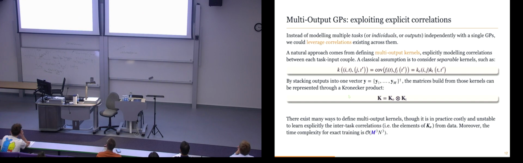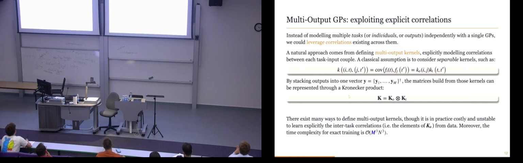There are many, many ways to build multi-output kernels. I'm just putting here a really simple example and simple way to do so, but we can do more sophisticated things for sure. Instead of computing the correlation only between two inputs, T and T prime, we also add I and J, which are indexes for the individuals or the tasks we are looking at.